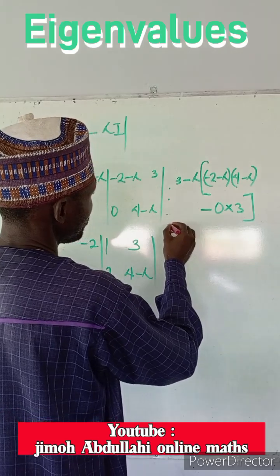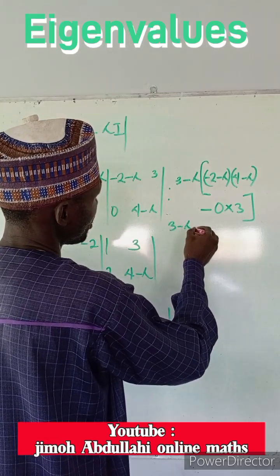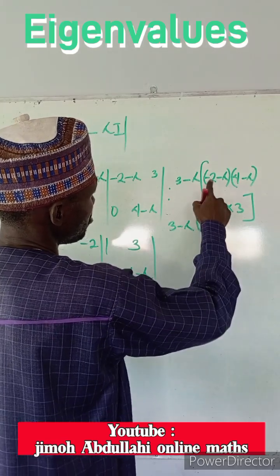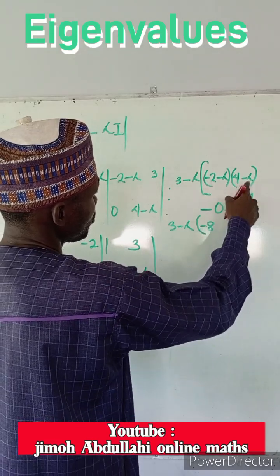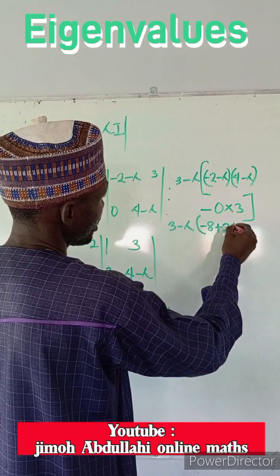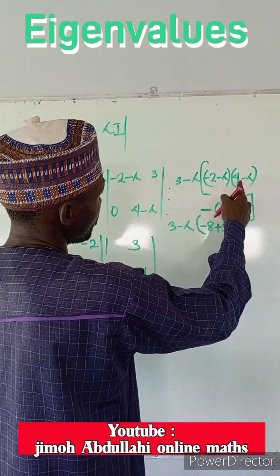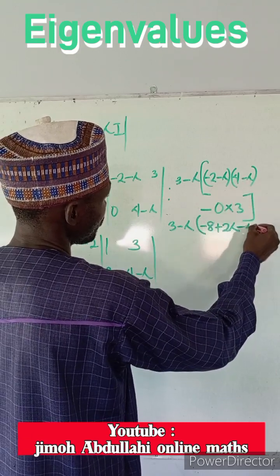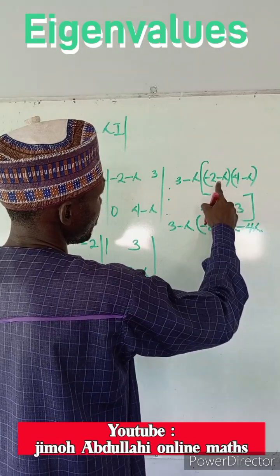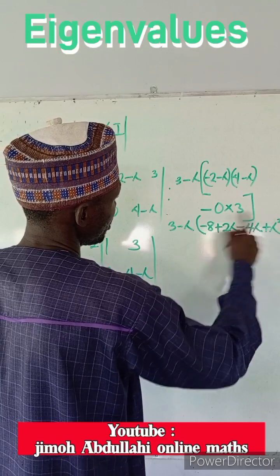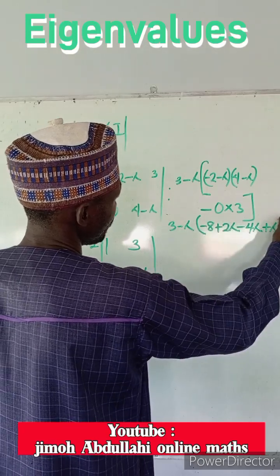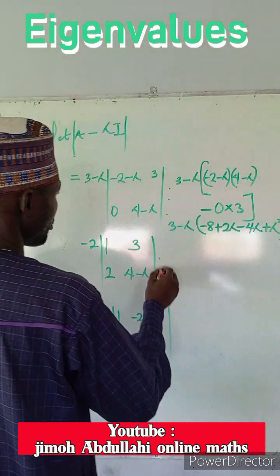So what would it give us? To give us 3 minus lambda into minus 2 times 4 will give us minus 8. Minus 2 times lambda will give us plus 2 lambda. Minus lambda times 4 will give us minus 4 lambda, while minus lambda times minus lambda will give us plus lambda squared. Then this one will give you 0, so no need of repeating it. That's for the first one.